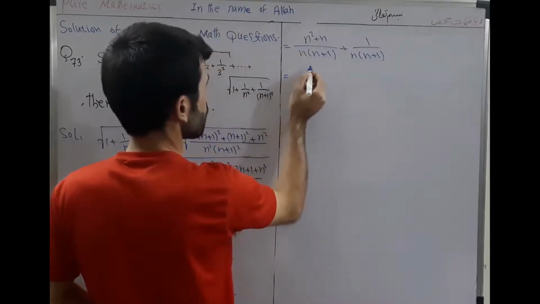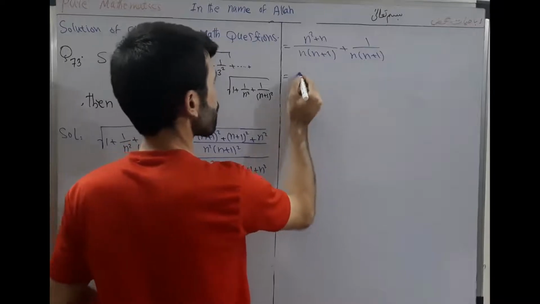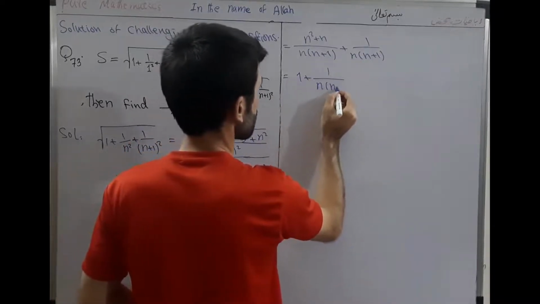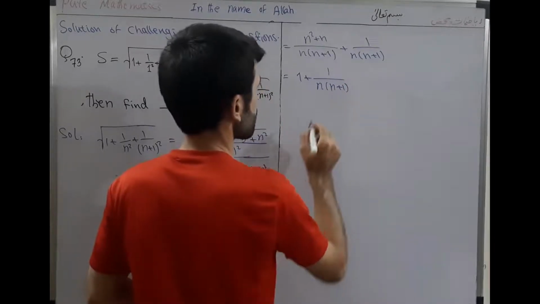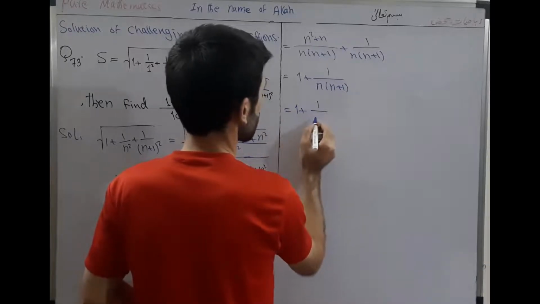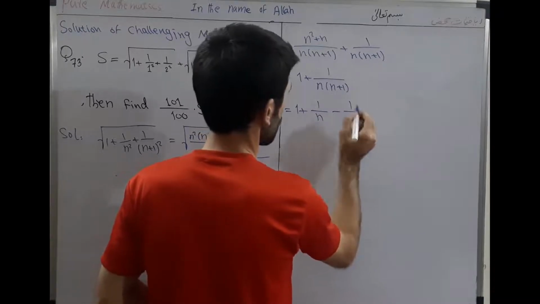It is equal to 1 plus 1 over n into n plus 1. It is equal to 1 plus 1 over n minus 1 over n plus 1.